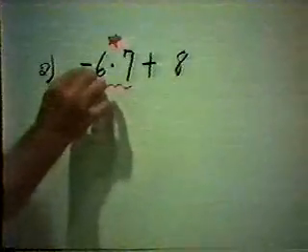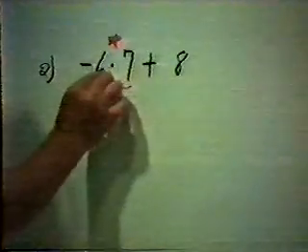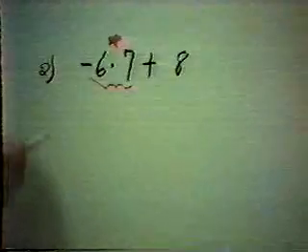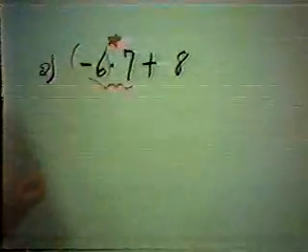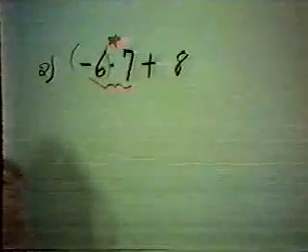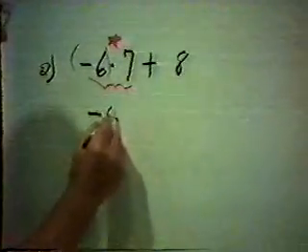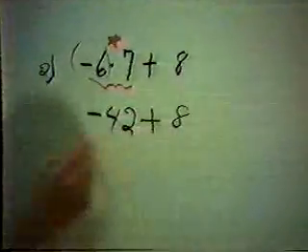You have a minus 6, that's the value minus 6, times 7. Perhaps a lot of times you need to think of these things, if they have values in them, as if they had parentheses around them. But this is the value minus 6 times 7. So when you perform this operation, you must watch out about your signed numbers. You get minus 42. And then, of course, you have plus 8.